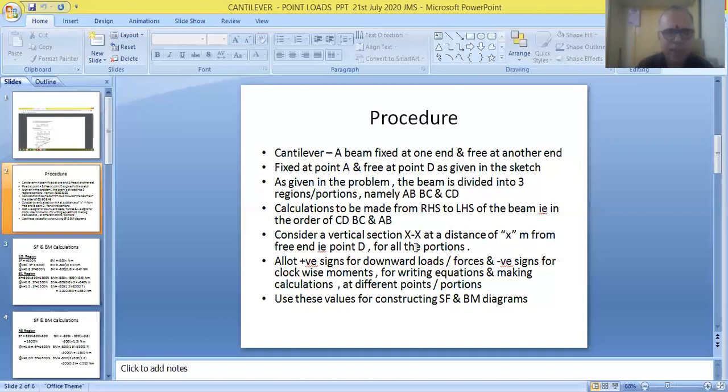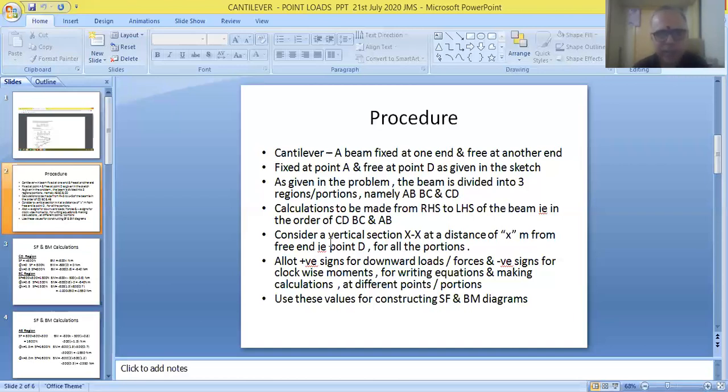This has to be adopted for all the portions of the beam. So first you are selecting the CD region as mentioned in this step, making calculations.